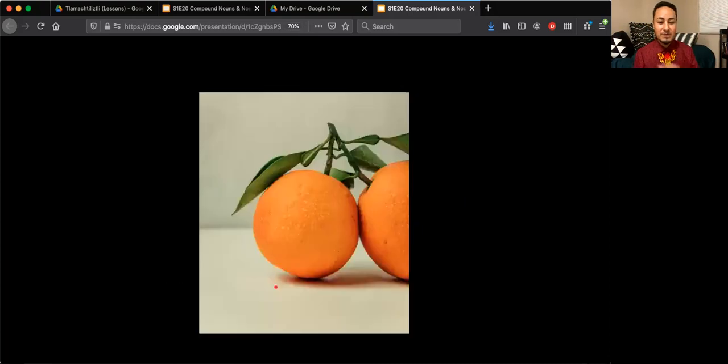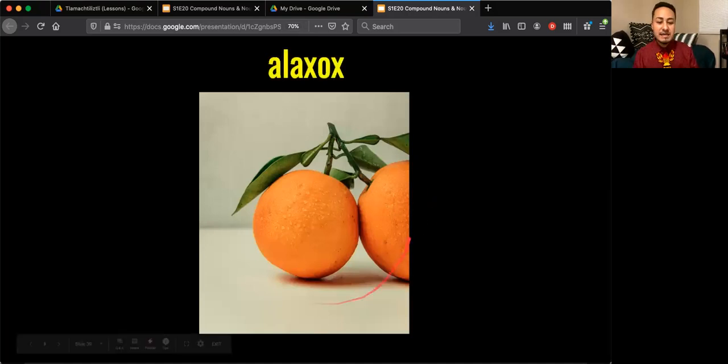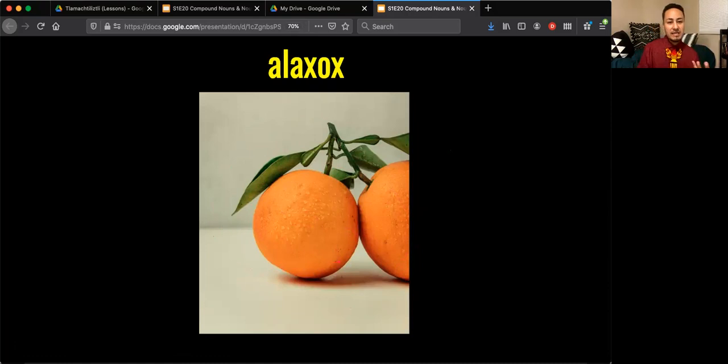Now let me give you some examples, not of big words, but of other ways that you can combine words in Nahuatl. Here we have the word for oranges, alashos. Some varieties call these lalash, but in our variety we say alashos.